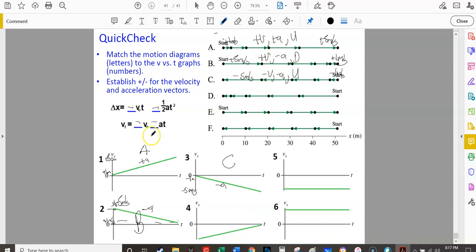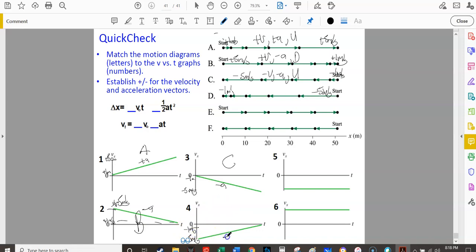All right. Let's try it with D. Okay, D starts off with negative 5 meters per second and ends up at negative 1 meter per second. So we're going to start off at a negative 5 meters per second, very negative, and end up at a negative 1 meter per second.